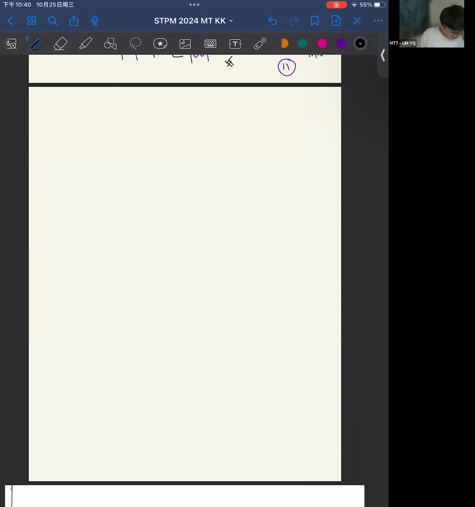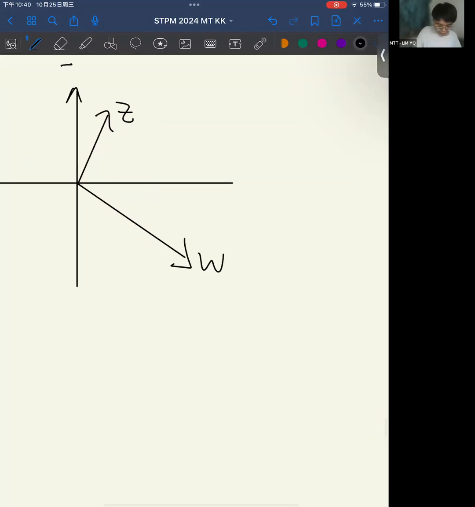Okay, we sketch a parallelogram. Let's simply draw two only. So this is Z and this is W, in Argand diagram, imaginary and real part. What does it mean by parallelogram?